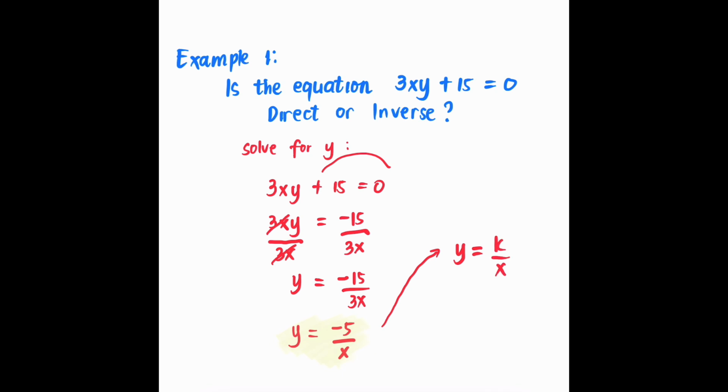So this equation follows this, right? So the answer for number 1 is the given equation is an inverse proportion. And from this equation, we can see that the value of k, or the constant of proportionality, is negative 5.